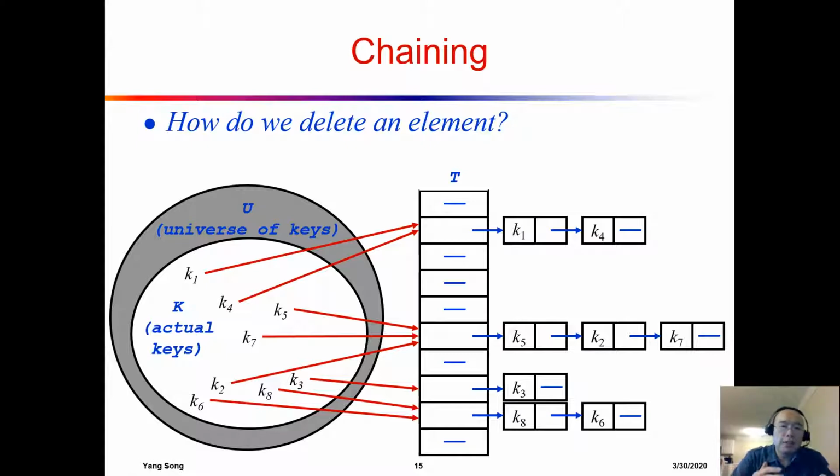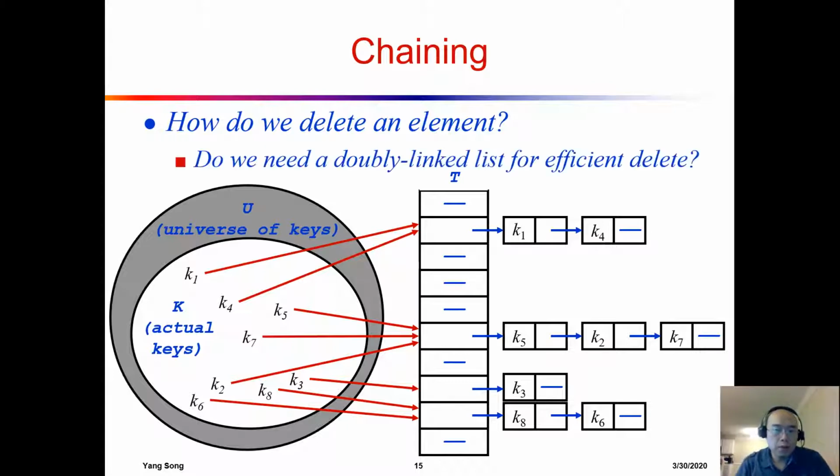To delete a key and the corresponding value, we just delete the corresponding node in the linked list. So the next question: do we need a doubly linked list for efficient delete?